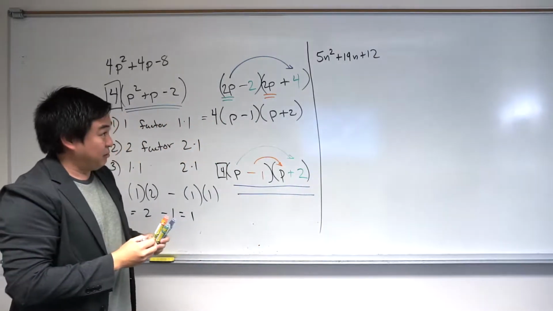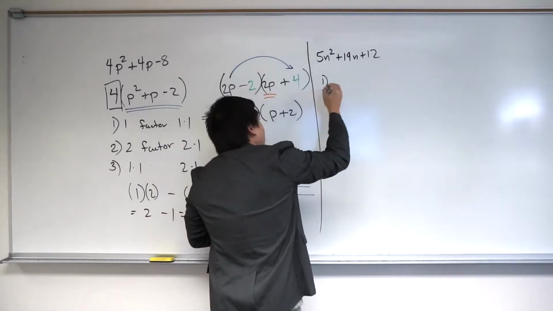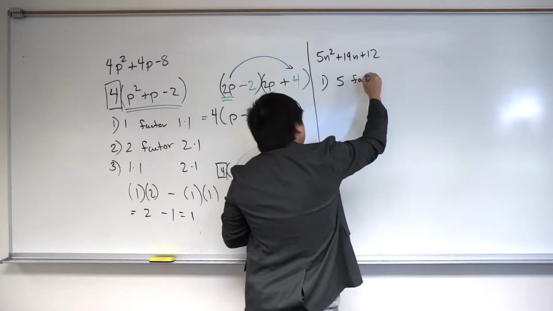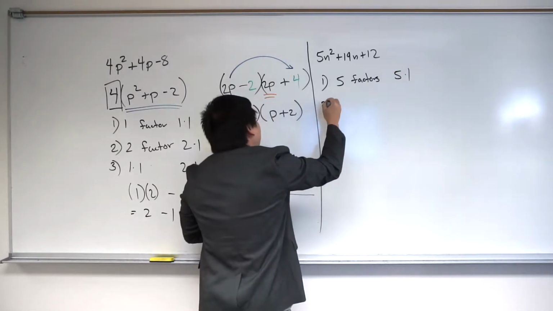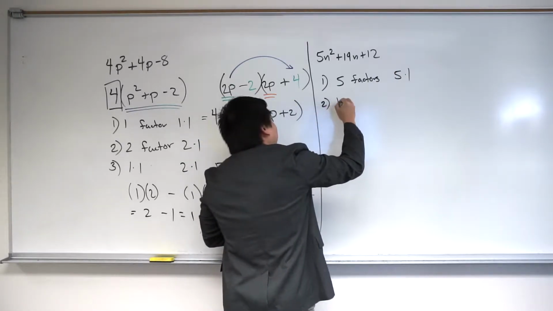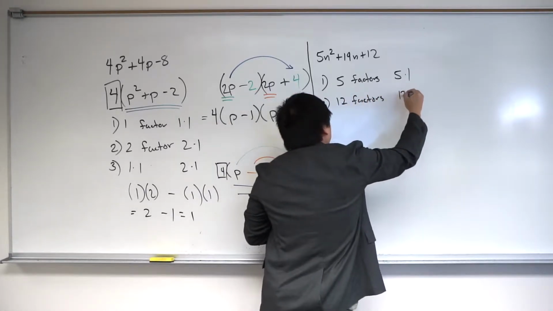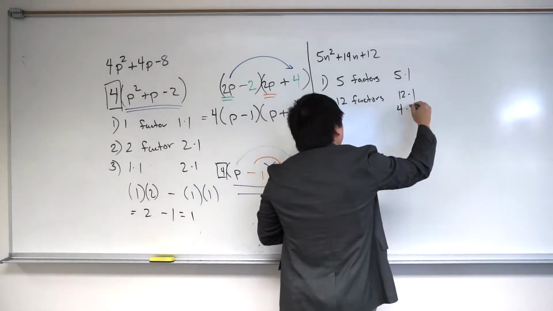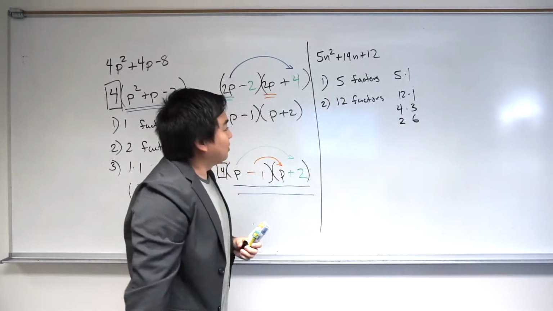So this problem is fairly big, so let's just go ahead and start. Number 1, factors of 5 is just 5 and 1. But notice in the second one, the factors of 12 are 12 and 1, 4 and 3, 2 and 6.